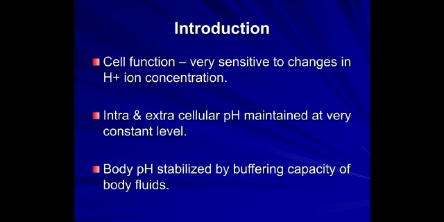So, cell function is very sensitive to changes in hydrogen ion concentration. The intracellular and extracellular pH is maintained at a very constant level, between 7.35 and 7.4. Body pH is stabilized by the buffering capacity of the body fluids.